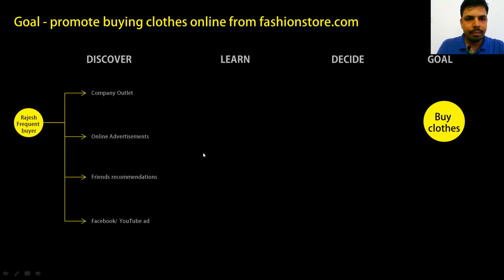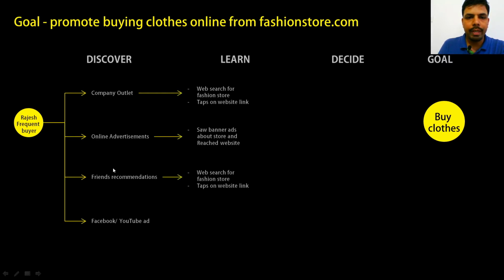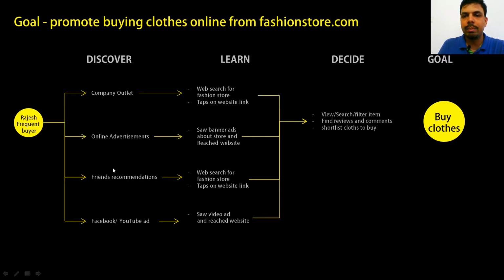The user will discover fashionstore.com from various channels like the company outlet, advertisements, friends and Facebook ads. He will learn from various sources about the website and finally decide to visit the website and do some research to see what this website offers and whether it matches his requirements or not, and finally the user will buy clothes.